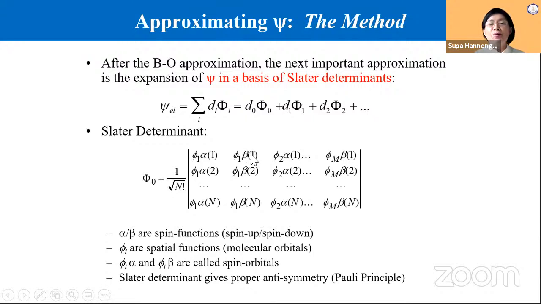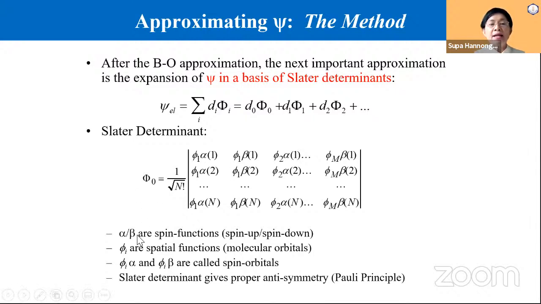So we can consider electron number 2 that occupies orbital 2 and also spin up and spin down. You can see, imagine that this Slater determinant can be big if we have so many electrons.